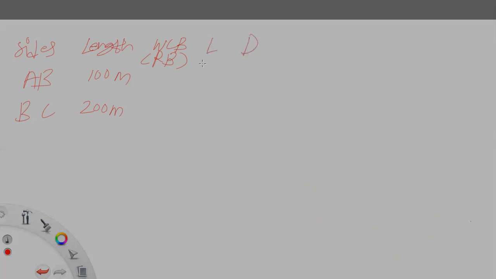You might have calculated the latitude and departure, and that will be here. Now after that, at the end, you will do the summation of latitude and the summation of departure. After that, with these two things, you will have the correction to latitude and the correction to departure. So you will have this thing.